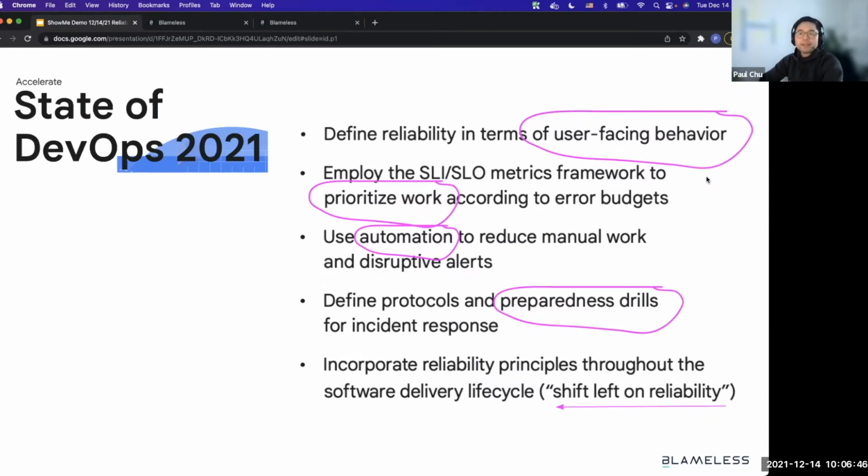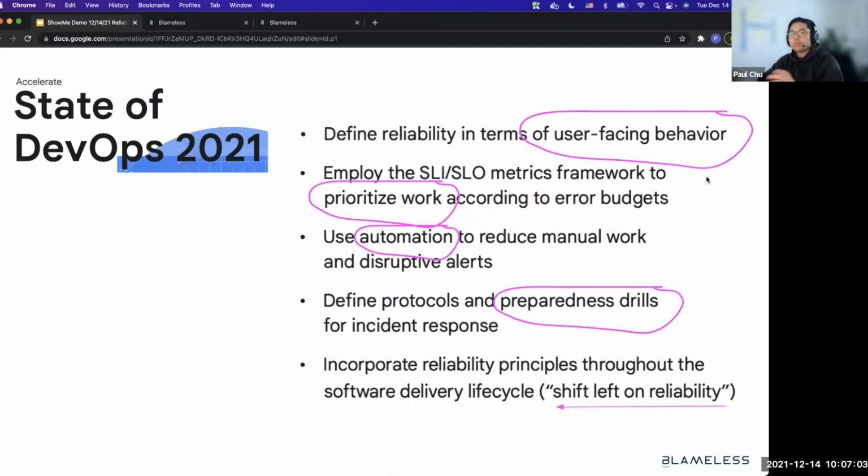You want to define that in terms of user-facing behavior. And then from there, employing SLIs and SLOs, which are, of course, something that you will eventually get to, if not already today, but essentially using this data to help prioritize work, right?